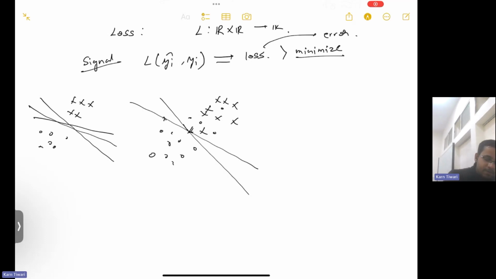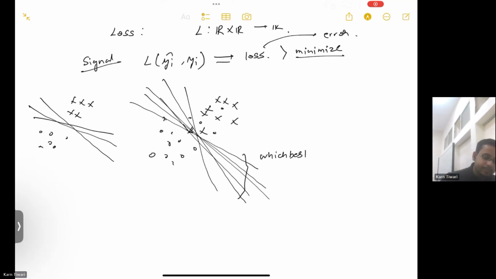But we can also have a lot of separating hyperplanes which try to distinguish between the different classes. The question is, out of these, which is best? Best in the sense that it classifies the different classes as properly as possible, meaning the loss between the truth and the prediction is minimized.